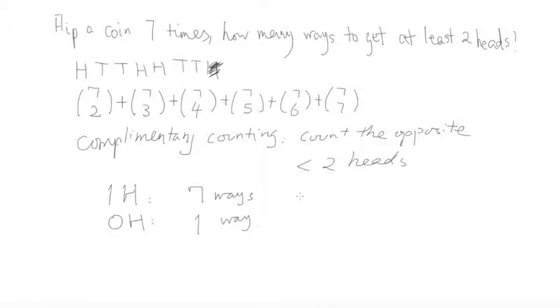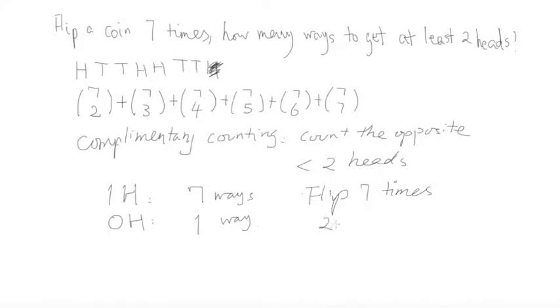So all we need to know is what are the total possibilities when you flip a coin 7 times. How many different results could you get?